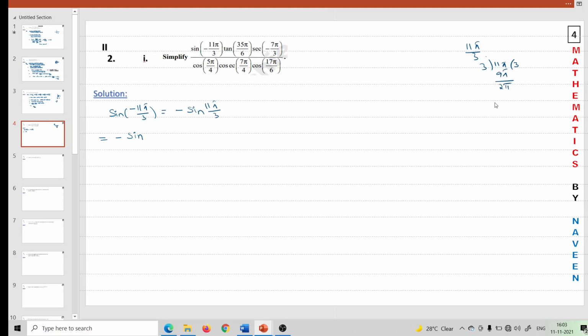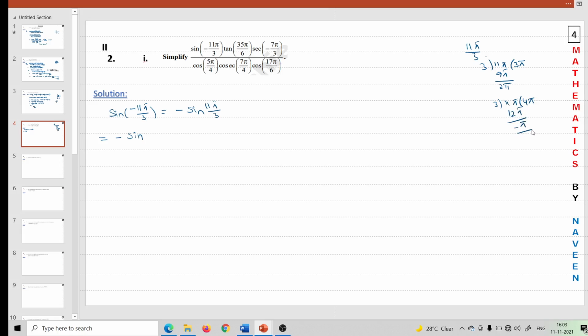We have to consider either 3 pi or 4 pi next. 11 pi divided by 3, 4 times is 12 pi. What is the remainder?